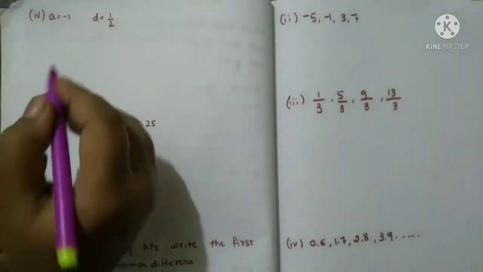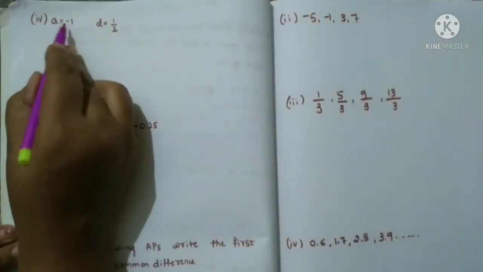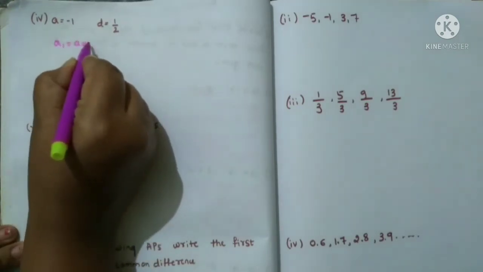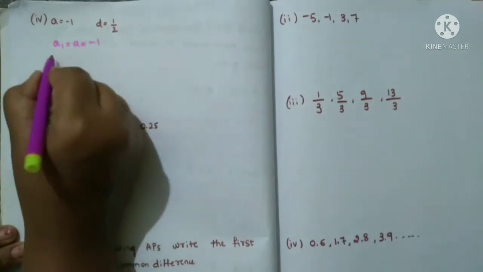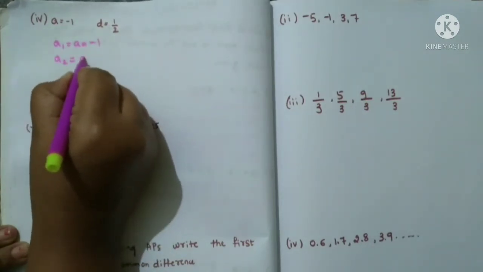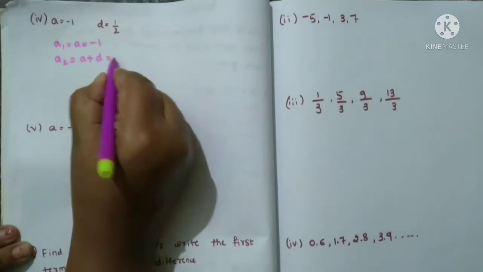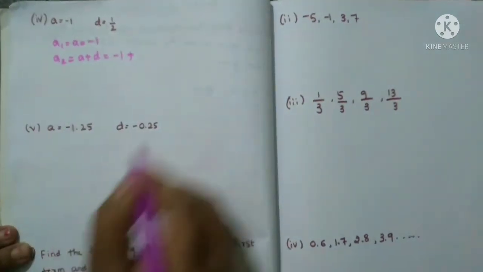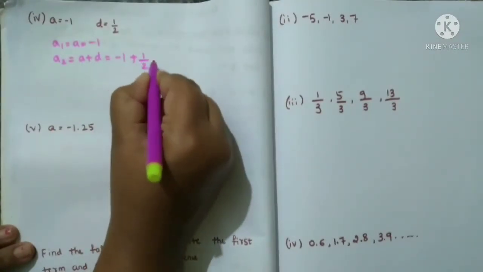We'll see the fourth sum now. Here A value is minus 1 they have given. So A1 is equal to A is equal to minus 1. A2 is equal to A plus D. So A value is minus 1 plus here 1 by 2 fraction is there. So you have to take LCM here.